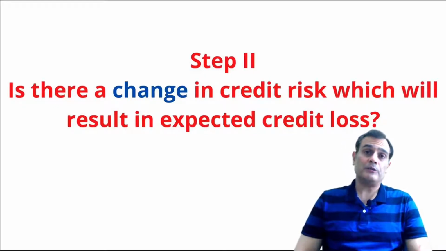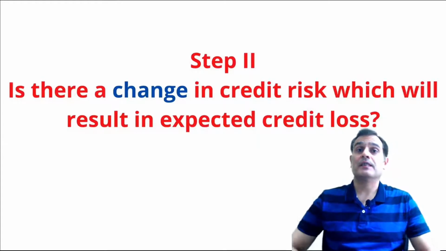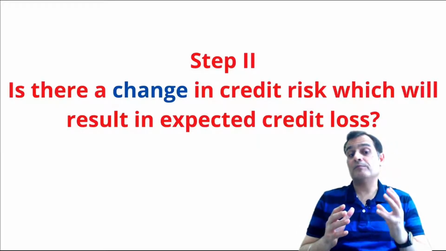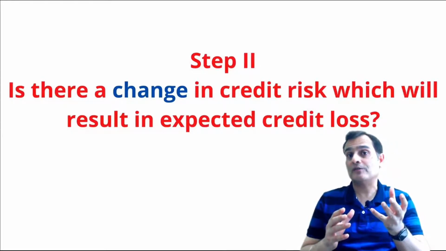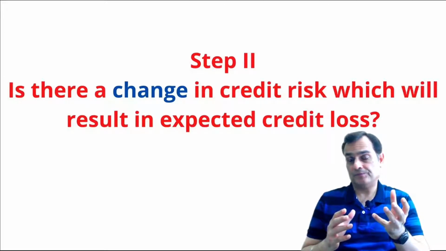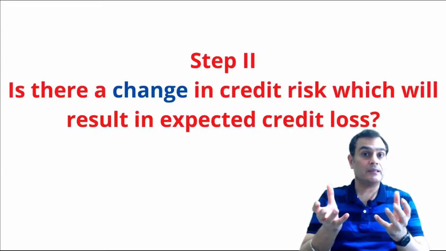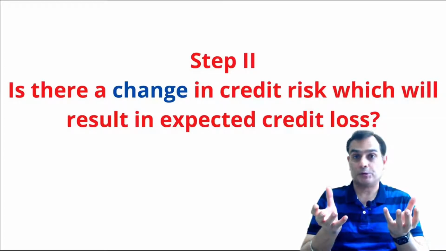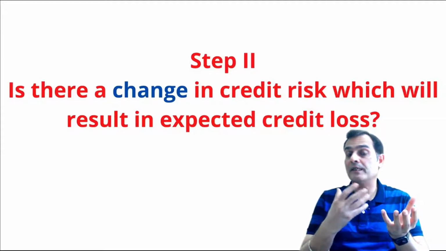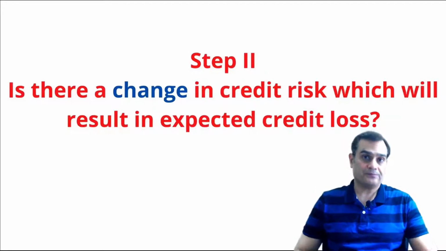The first thing to appreciate is that there are two things. One is making an assessment of the credit risk at initial recognition. The second is looking at the change in the credit risk, that is, comparing the credit risk at inception with the credit risk at the end of the year.